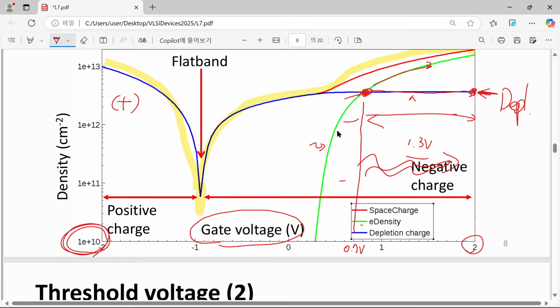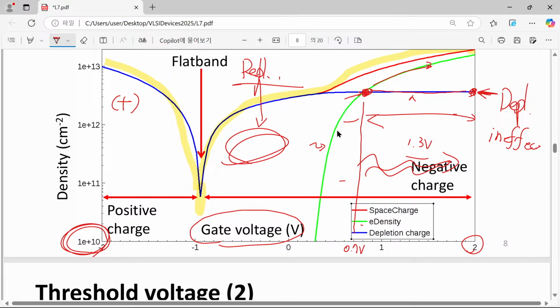Then naturally we can ask this question. Previously here, in this part, the major mechanism to obtain further negative charge was actually depletion of holes. But why does it become so ineffective?